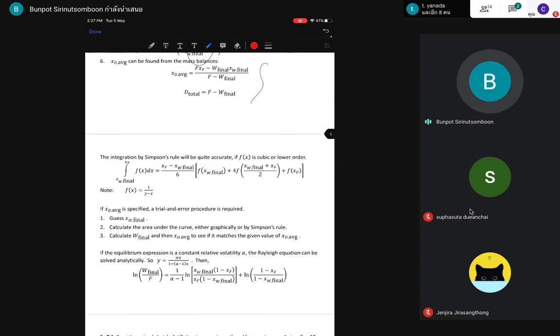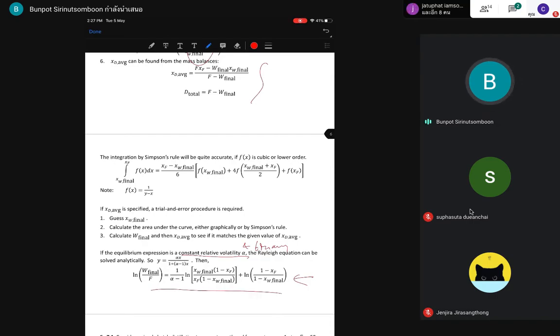In the case when your relative volatility is constant and you have a binary system, when you only have two compounds, you can solve the integral analytically and derive this equation.